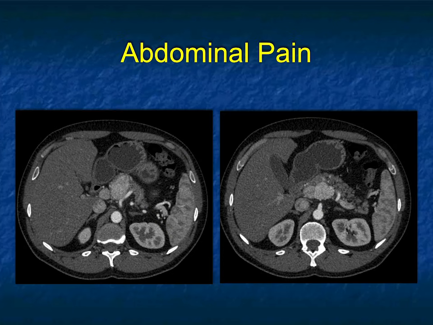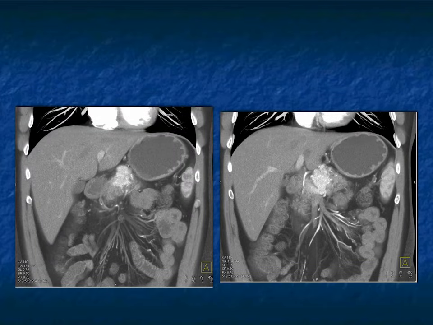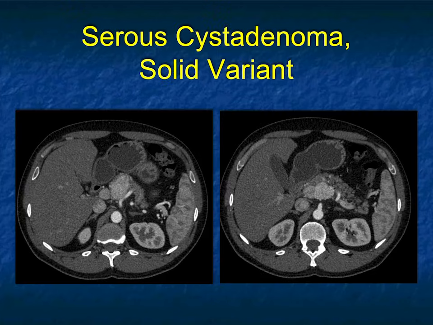Very interesting. Abdominal pain, another lesion, body of pancreas. Hypervascular, abutting the celiac and the SMA. You could think of a serous cystadenoma solid type, but most commonly, again, we can think of metastatic renal, but we'll assume the kidneys are there. I have to be thinking about a neuroendocrine tumor.